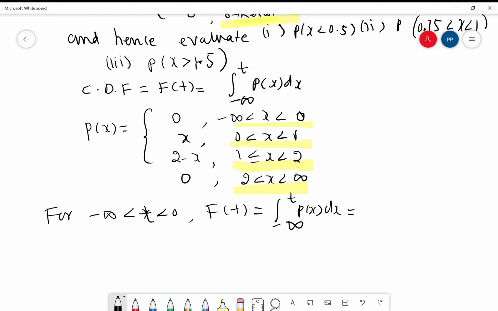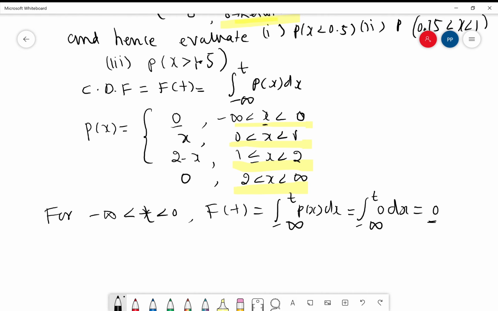Now since t is in this interval, we will take only one expression, that is 0. So it is minus infinity to t of 0 dx, which equals 0.